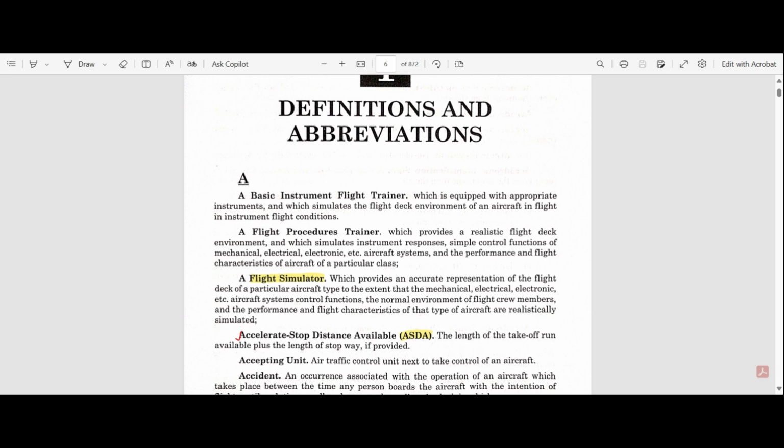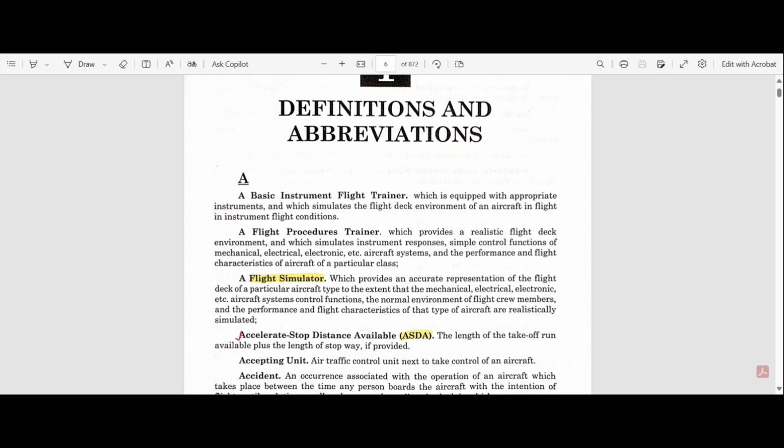And there is a normal environment of flight crew members, and the performance and flight characteristics of that type are actually stimulated. So it is basically an actual representation or a realistic representation.